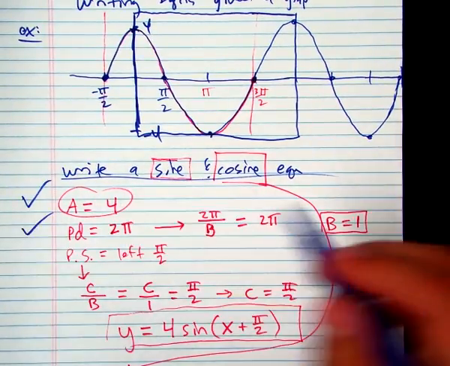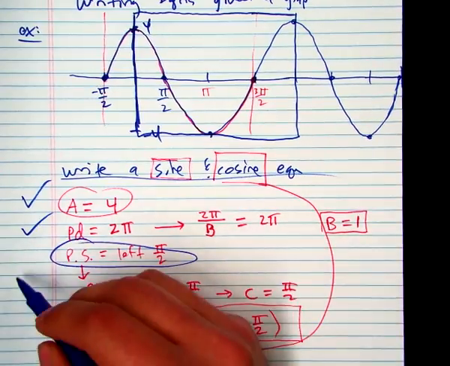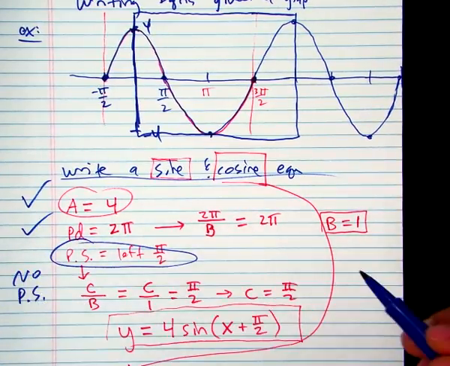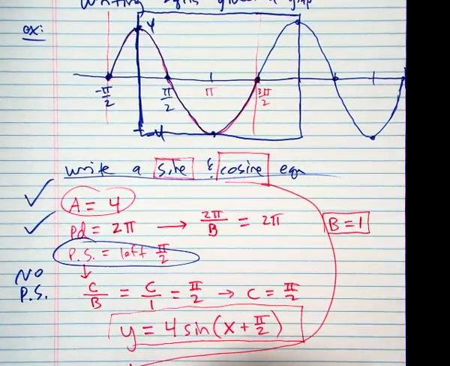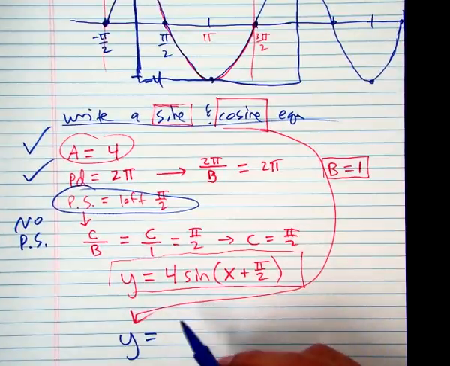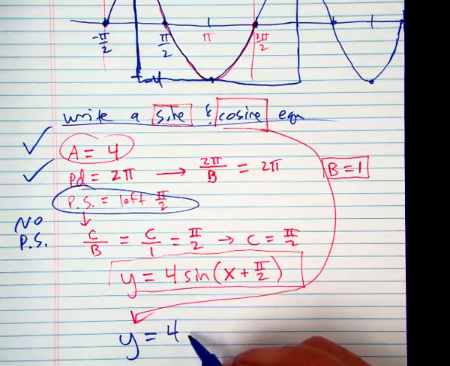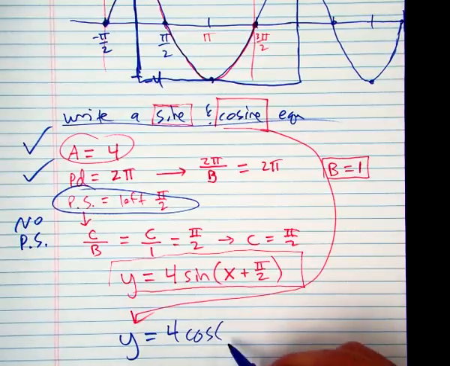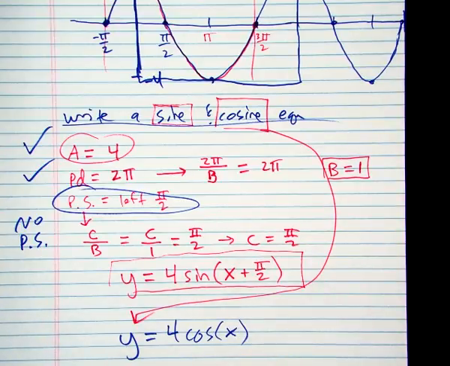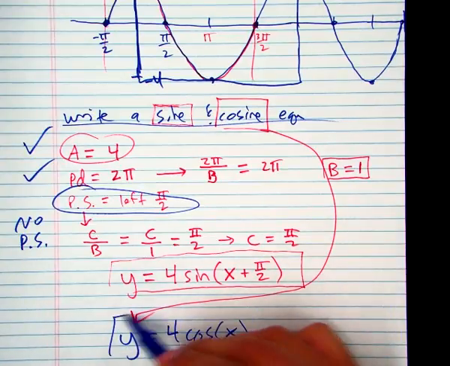The only difference is that there's no phase shift because we're starting where we normally start. Do you guys understand that? So what would your equation be if it was a cosine graph? That's it. These equations are one and the same.